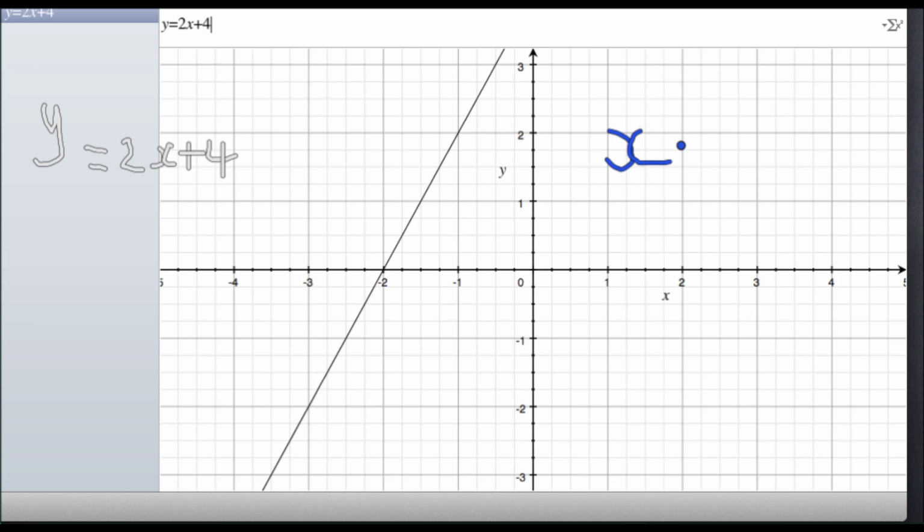If we substitute x equals -1 in, a bit like algebra, we get -2 plus 4, which is 2. So y equals 2. And if you look at it, at x equals -1, y equals 2. See, there's 2, and there's -1. So that's how you work out a graph.